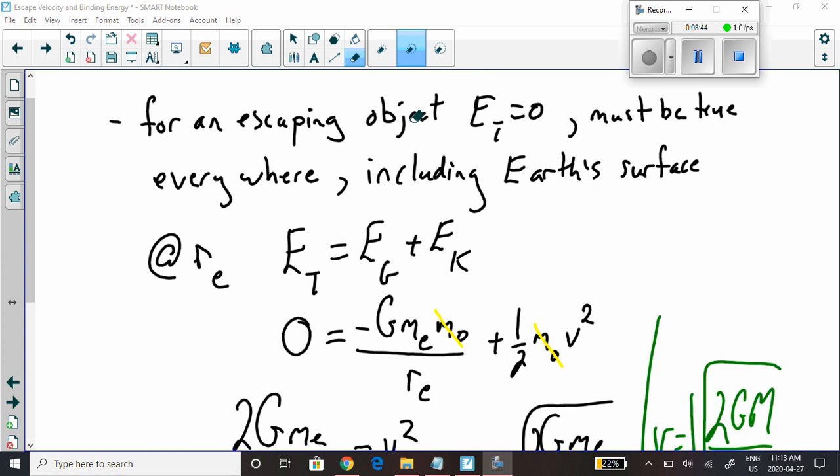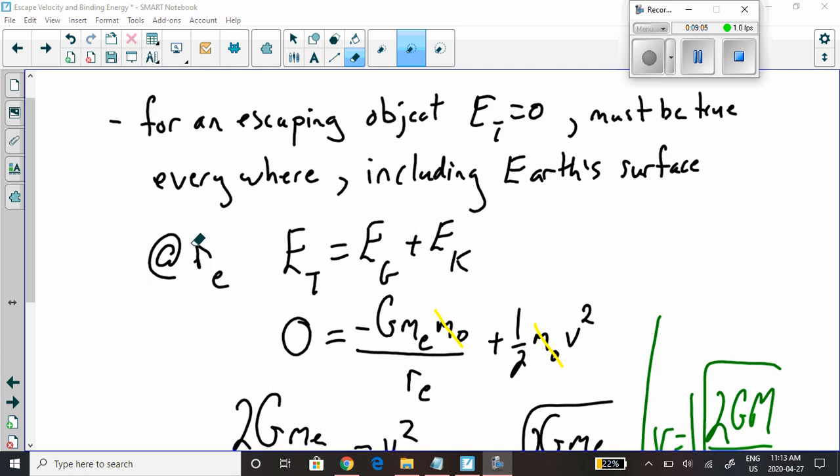For an object to escape the Earth in our example, or any object, it has to have a total energy equal to zero. And this must be true everywhere, including when it was being launched from Earth's surface.